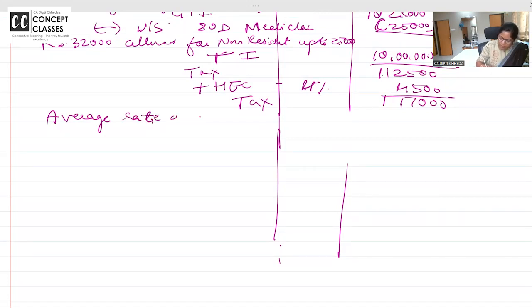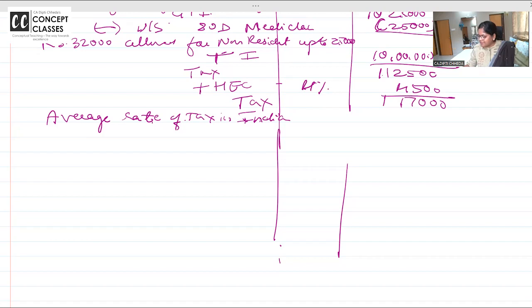Average rate of tax in India. Some bad luck, huh? Net not supporting, pen not supporting. But I hope the class is okay. समझ में आ रहा है नहीं आप सबको? आप मेरे से fast करो ना.